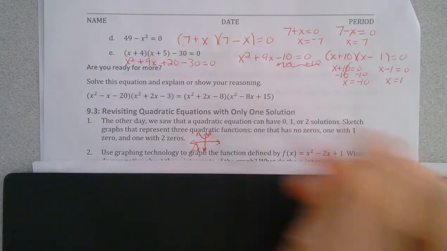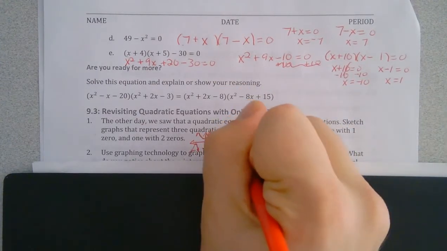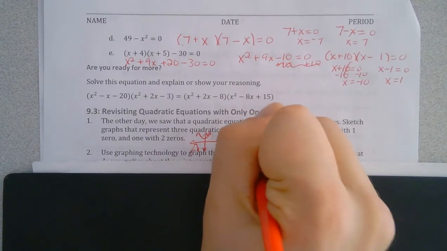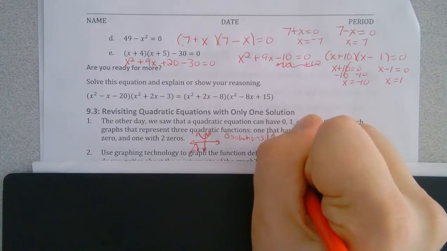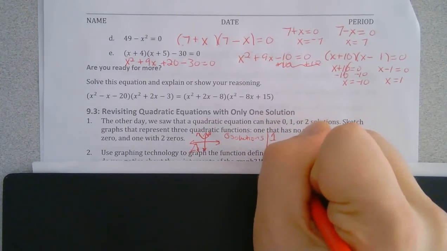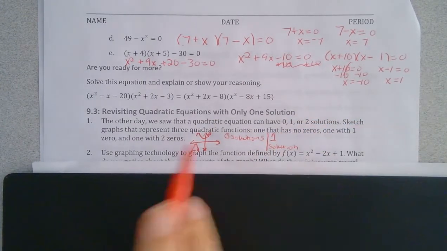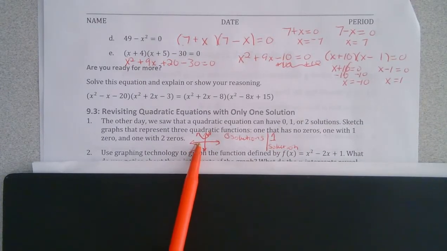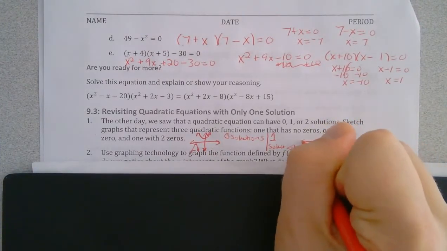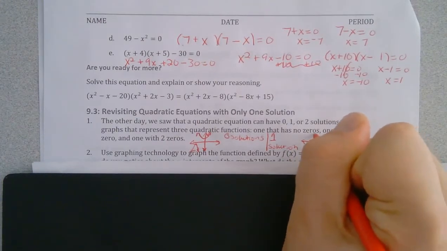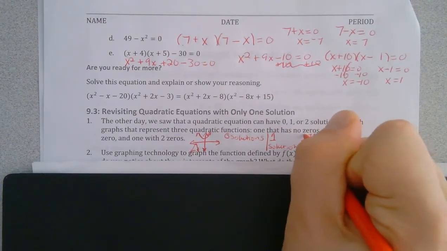So this is 0 solutions. To make one solution, the graph has to just touch the x-axis once. So this vertex, or the bottom point, is just going to touch one time. So I'm just going to draw a couple in here. I have a parabola just touching once.